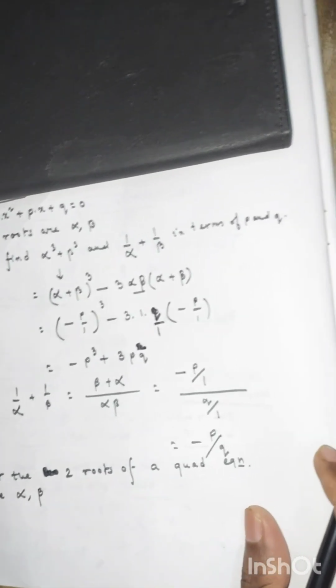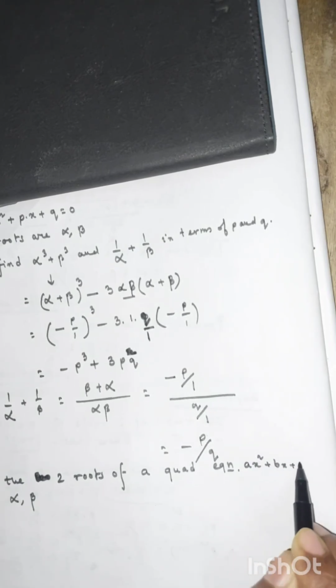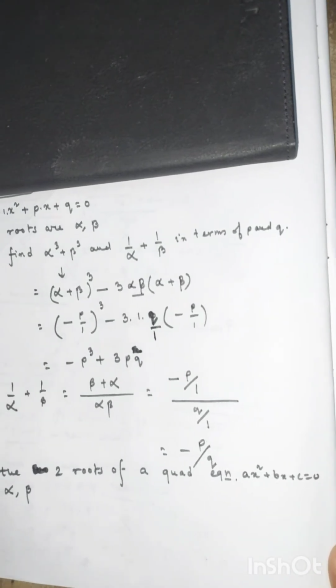And the quadratic equation is ax square plus bx plus c equal to 0. Okay, so let the two roots of the quadratic equation ax square plus bx plus c equal to 0 be alpha and beta.